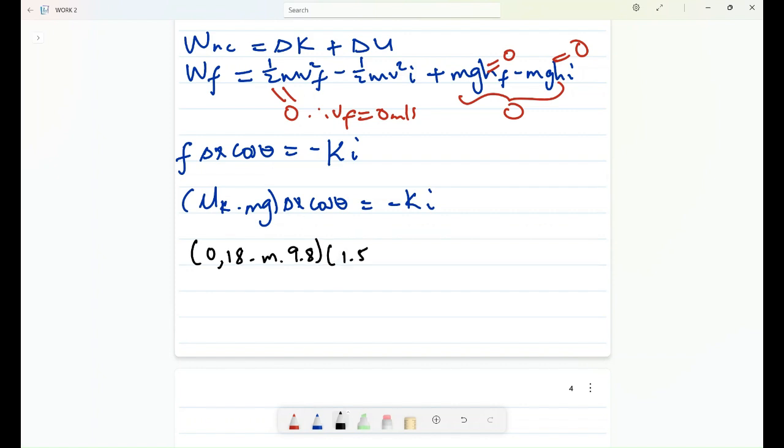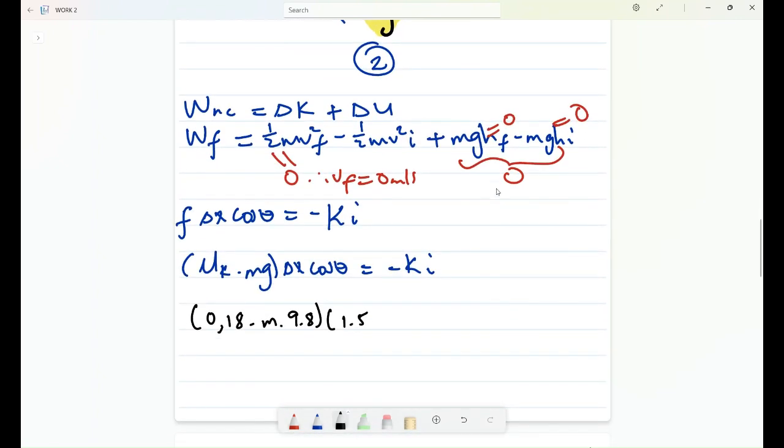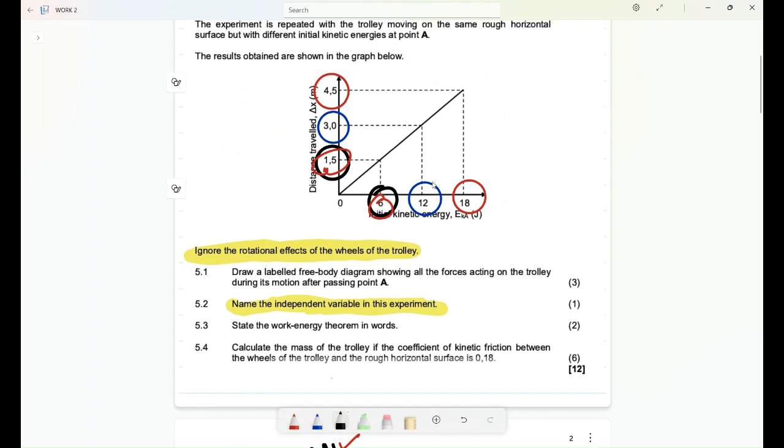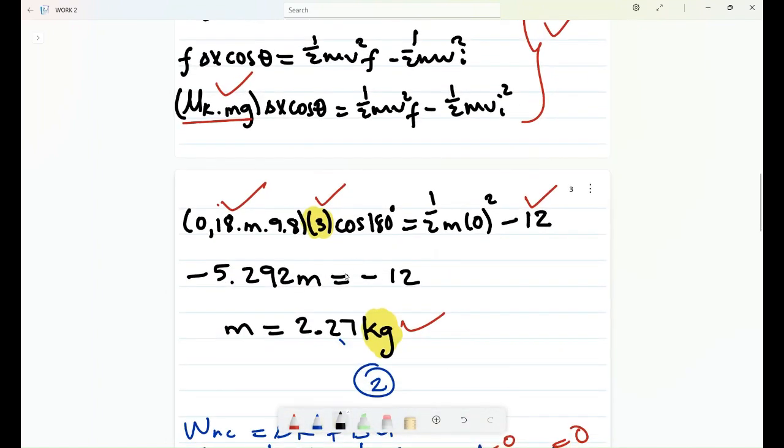I think it was 1.5. Let me just confirm. Or my change in x was 3. Yes, this is also good. Remember I said you can use 3 here, but it should match your corresponding kinetic energy, which was 12 in this case.